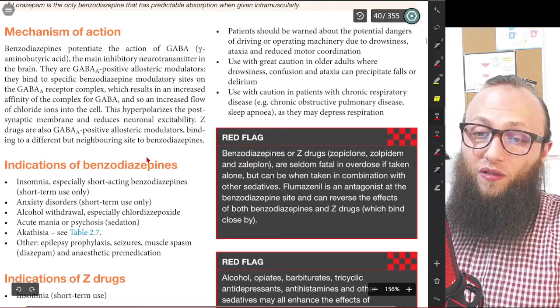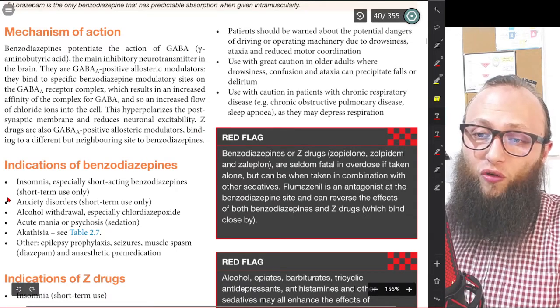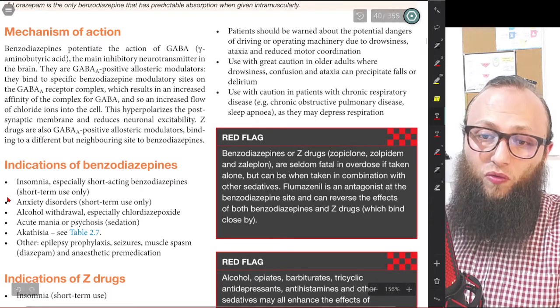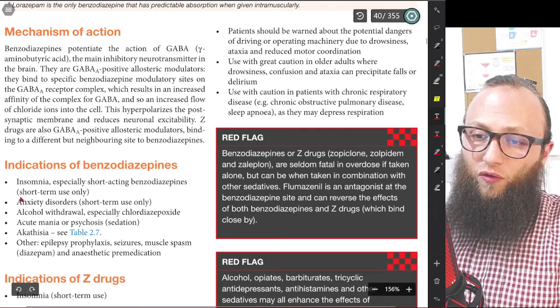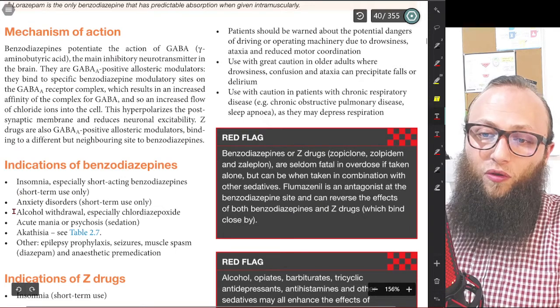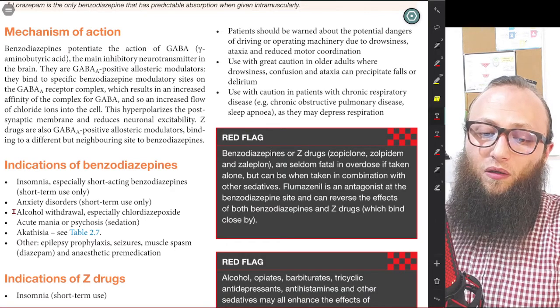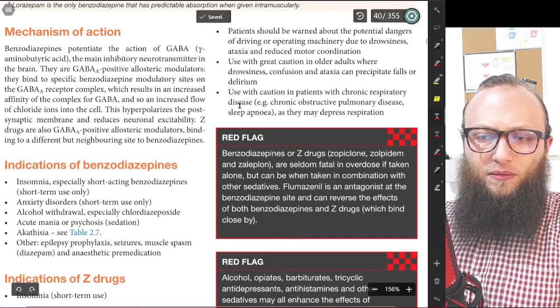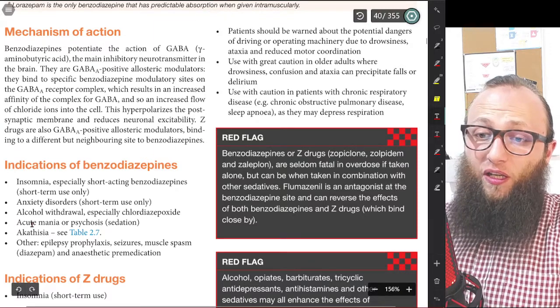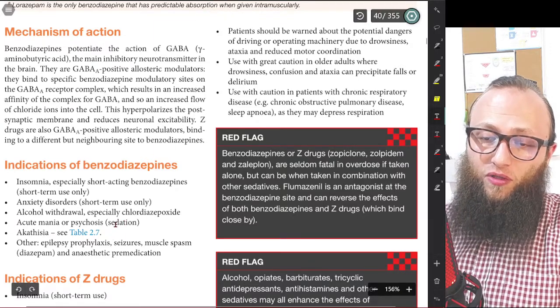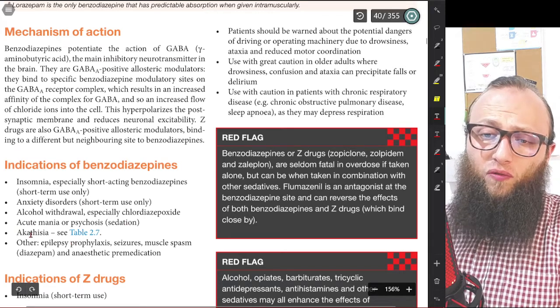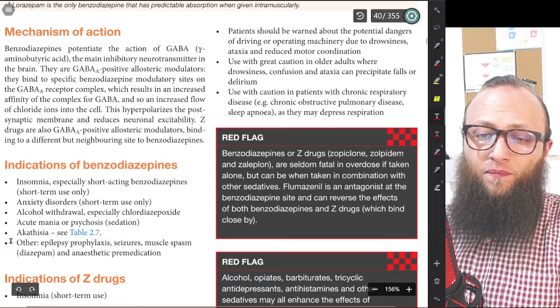Indications for benzodiazepines: insomnia, especially with short-acting benzodiazepines, for short-term use. Anxiety disorders, also for short-term use. Alcohol withdrawal, especially chlordiazepoxide. Acute mania or psychosis, we use it for sedation, and we use it for akathisia, as we said before.